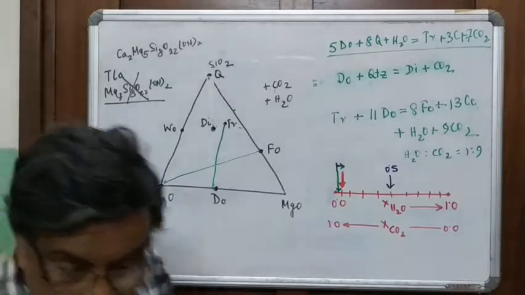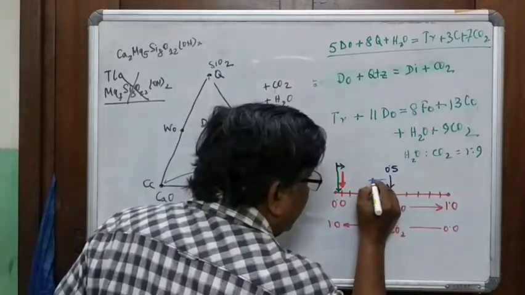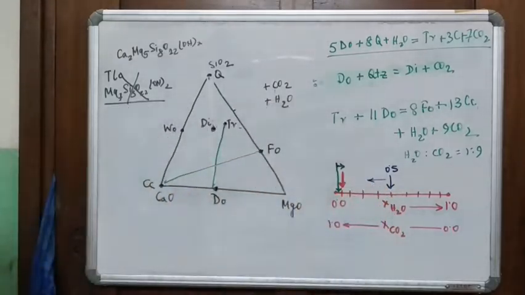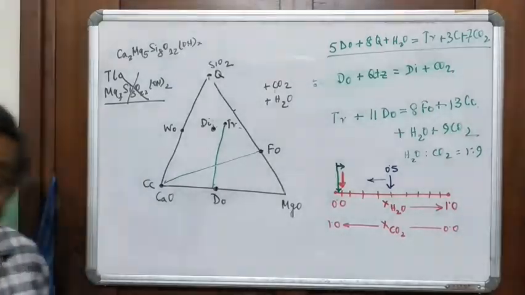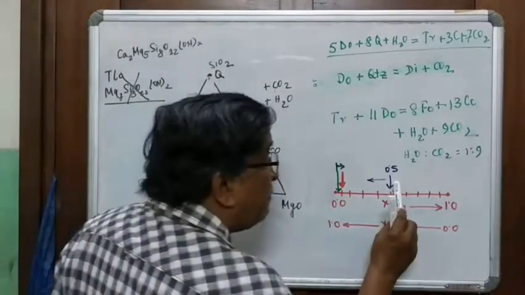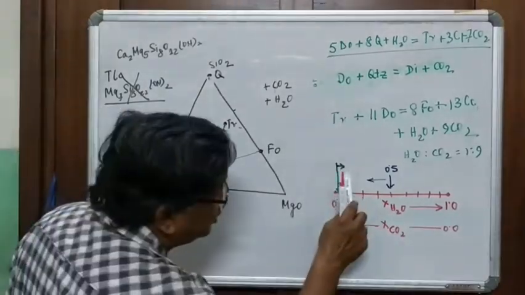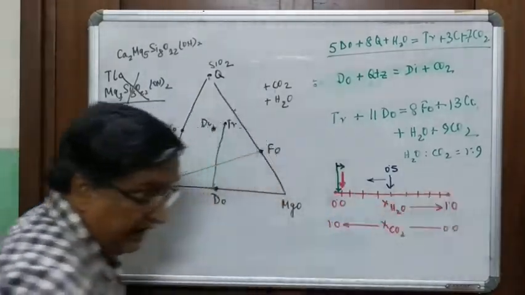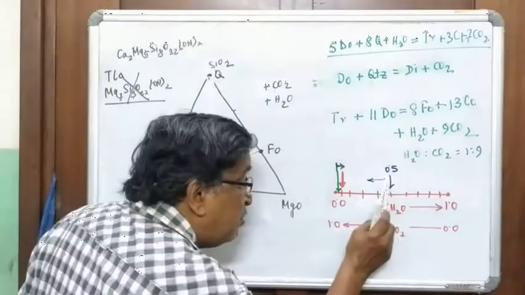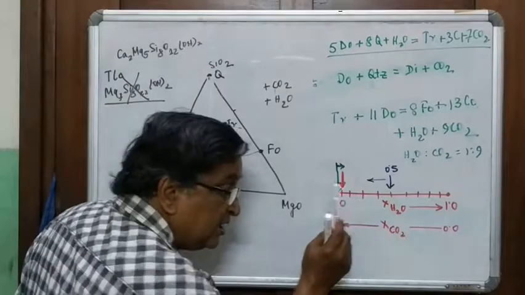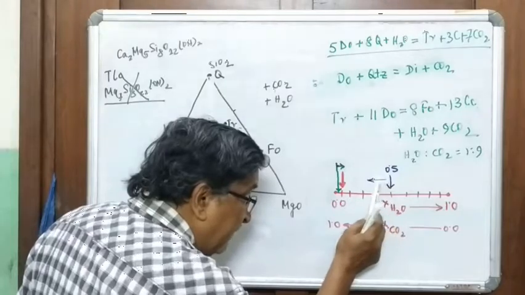But if you were with the blue line here, then your fluid composition would have moved in this direction. Have you understood? If you started with a more aqueous fluid, XH2O 0.5, and you were producing a fluid XCO2 0.9, then your initial fluid will move in this direction. This direction means your initial aqueous fluid will become more carbonic.